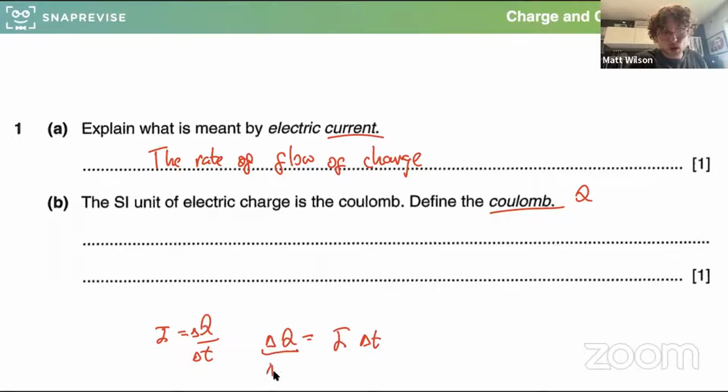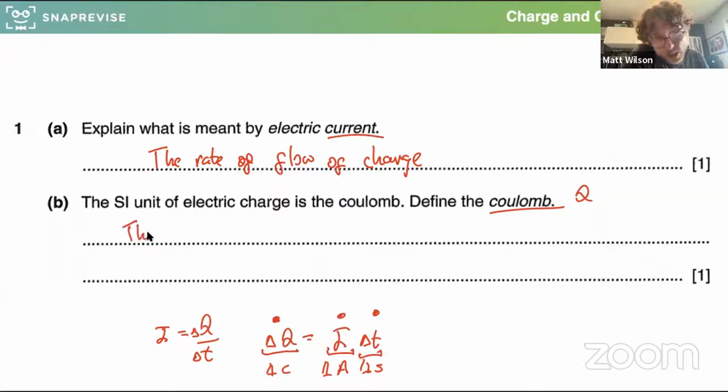We can define what 1 coulomb is by setting the current to be 1 and the time to be 1. Now we can put this into a sentence. This is charge transferred. That's what coulombs are about. It's the charge transferred when 1 amp of current runs for 1 second.